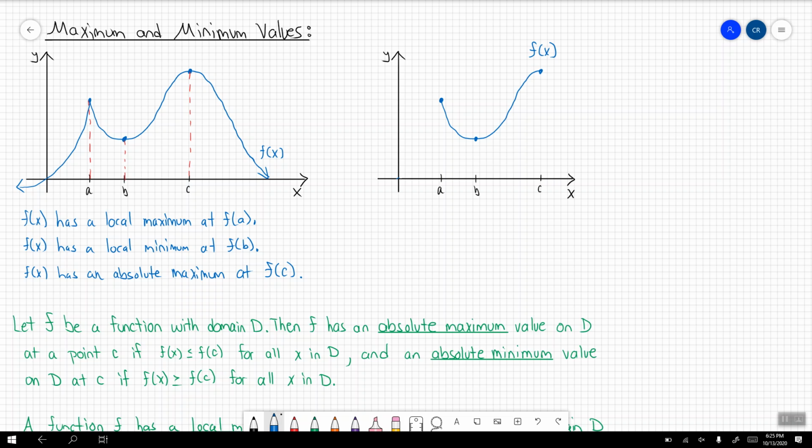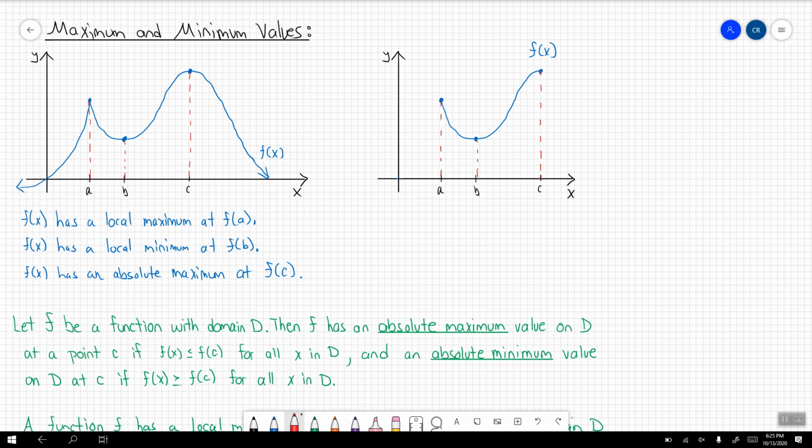When f of x exists only on the interval from a to c, as we've defined it here, then one of the things that we want to extract is where these maximums and minimums are now occurring. And the way that we want to extract this is by identifying that we do have some type of maximum or some type of minimum for the given function inside of the interval from a to c.